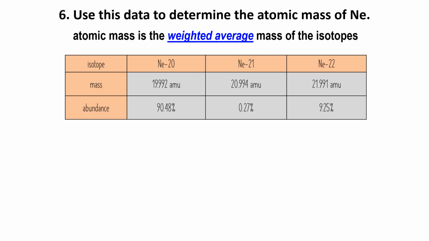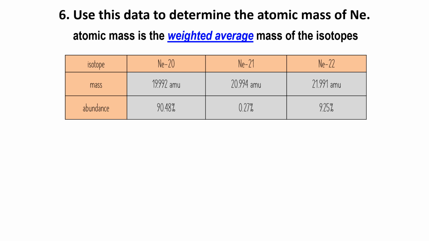So we're going to use the data shown in this table to determine the weighted average, which is the atomic weight of neon. So first we can see that neon 20, which has over 90% abundancy, has the mass of 19.992 atomic mass units.